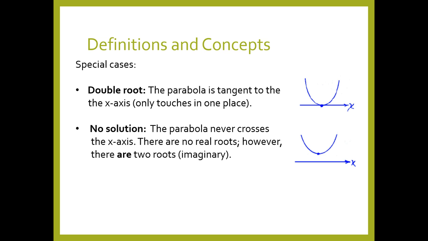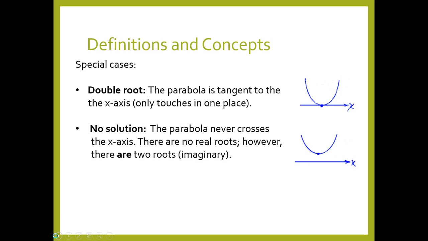Notice that it never crosses the x-axis or touches it. Okay, so that's basically what comes down to the special cases. The regular case, the general case is going to have 2 times that it's going to cross the x-axis, and those will be both of your roots.